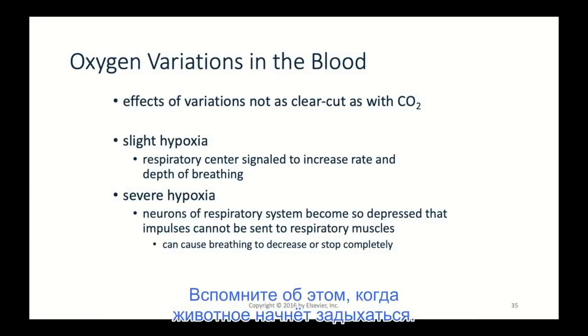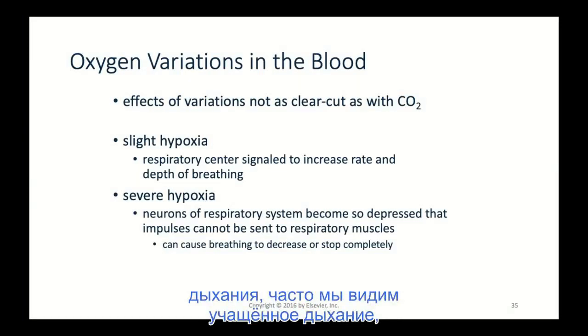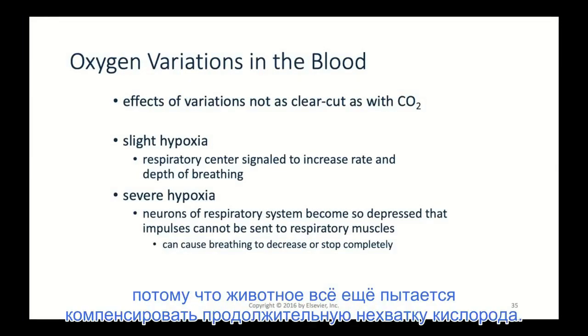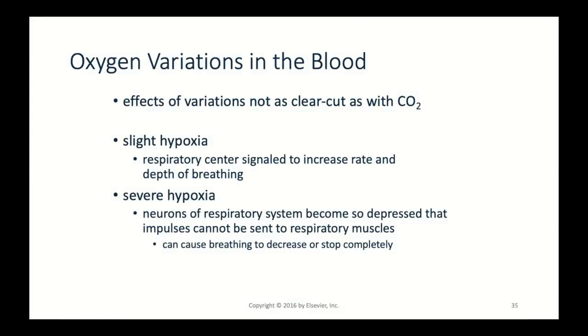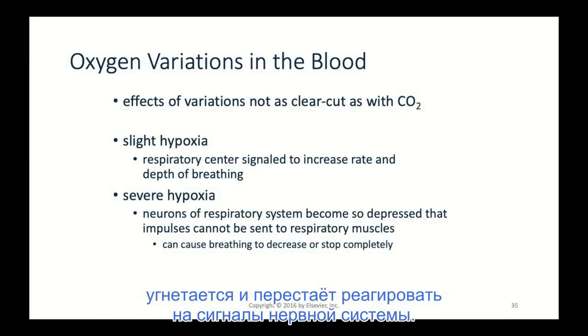So keeping that in mind, when an animal is freshly dyspneic, so they've come to you showing signs of respiratory distress, quite often we're seeing an increase in respiratory rate because they're still trying to compensate and acquire more oxygen. Long term, of course, their respiratory center just ceases. Their respiratory system just gives up altogether and they stop taking in those signals.